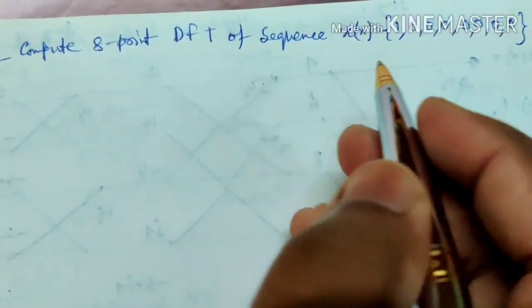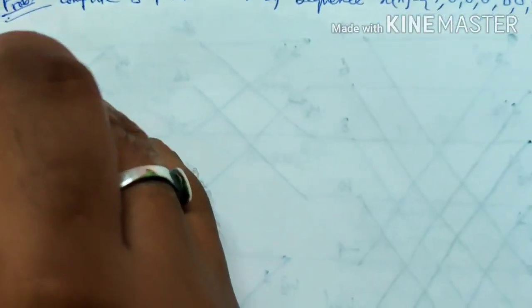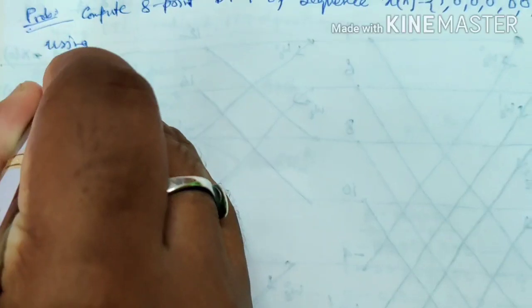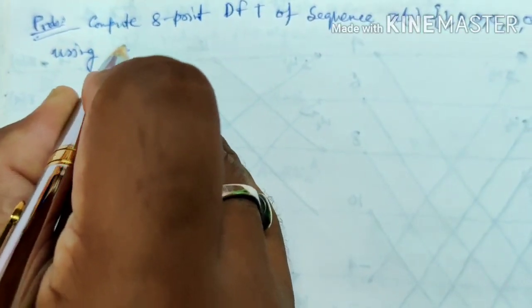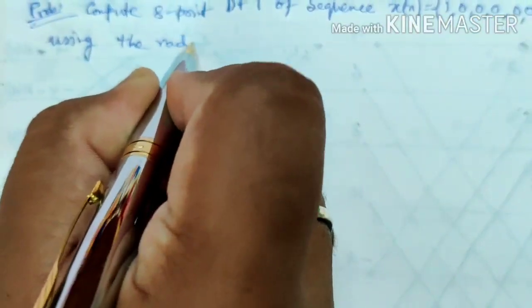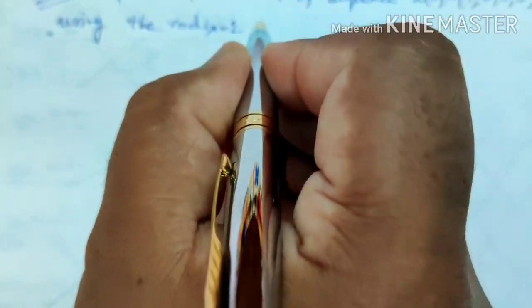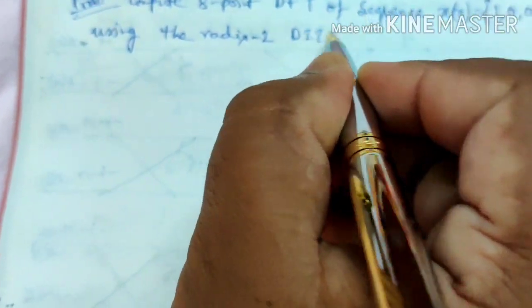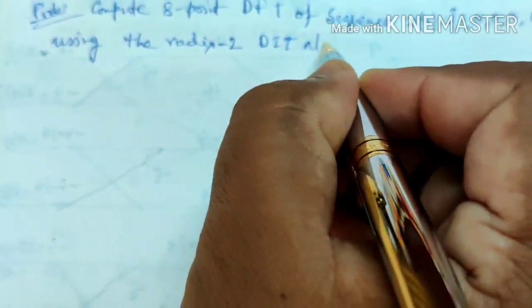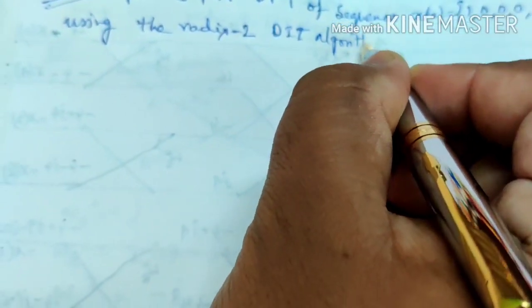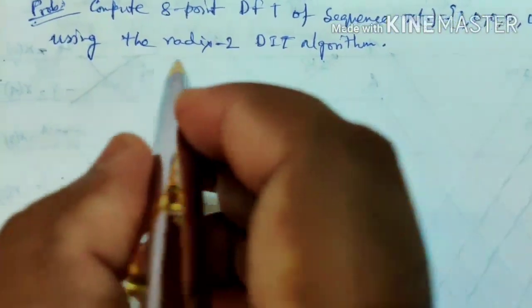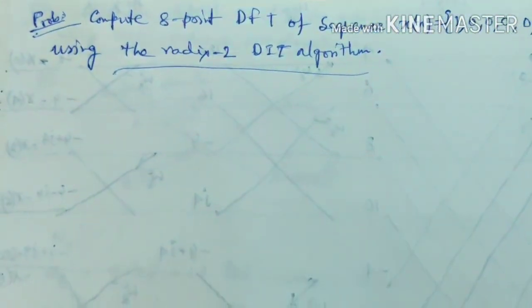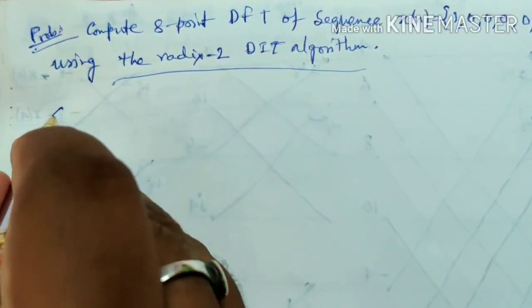The input sequence using the radix-2 DIT algorithm, find out the intermediate stages. So what is the solution?